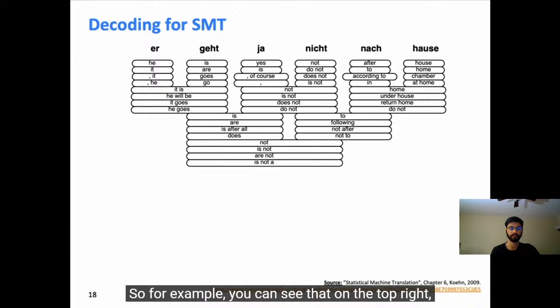So, for example, you can see on the top right, if it's not too small, that the German word for house could be translated into the English word house or home or chamber and so on. So we consider all of these different hypotheses and look into how we might put those together to translate the phrases, but you don't keep all of them all the time. You get rid of the ones that are too low probability.